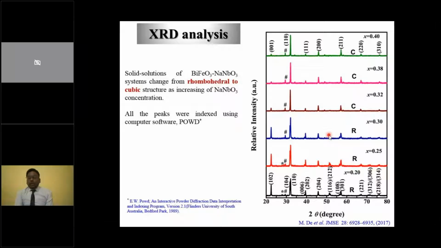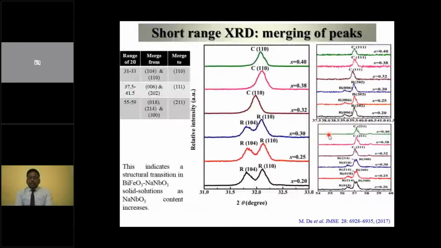yes, we have confirmed and checked it. This picture gets clearer if we take a very short range of the XRD spectra. Here we took the XRD spectrum from 2 theta equal to 31 to 33. Here it is clearly visible that the rhombohedral doubly split X-ray peaks merge together into a single peak.